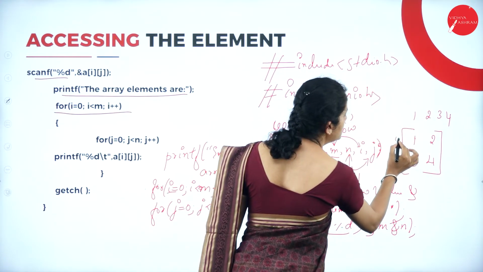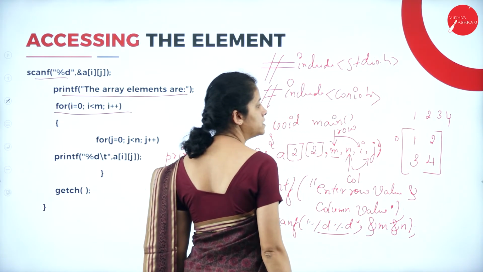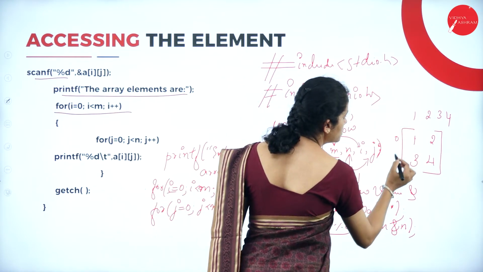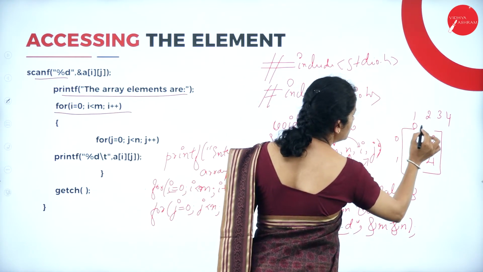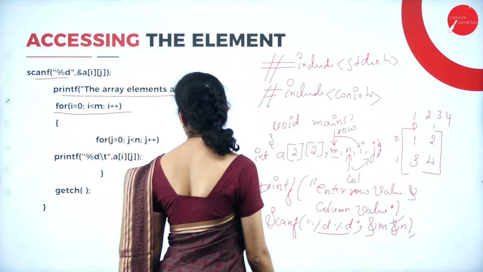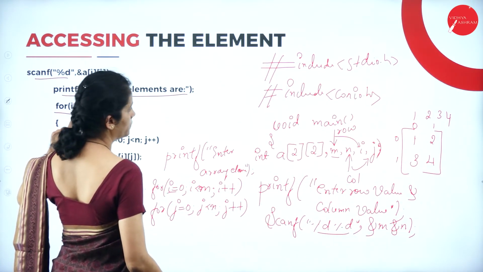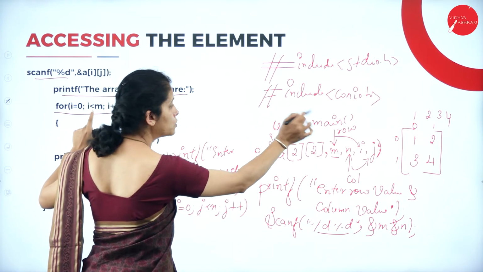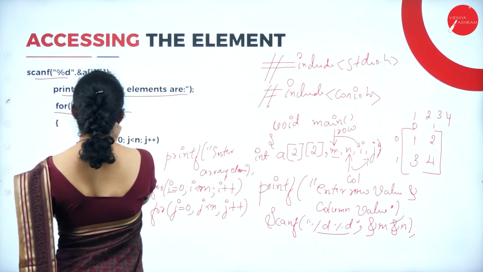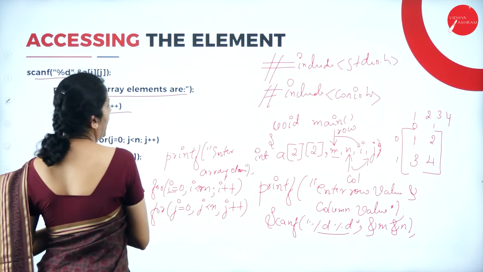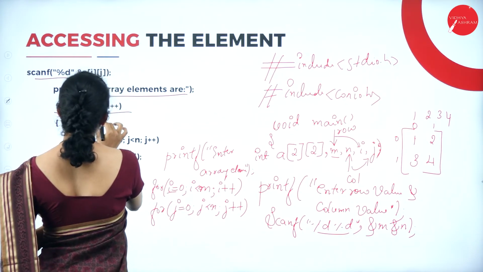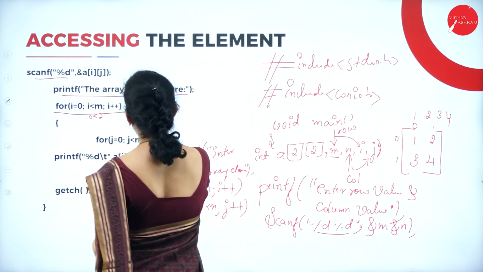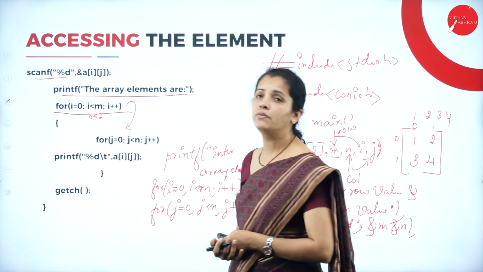If I consider this example, this is my 0th row and first row, 0th column, first column. Initially i is 0. That means it is going to point to the 0th row; 0 less than m, m is 2, it is true. So the control enters into the inner for loop.